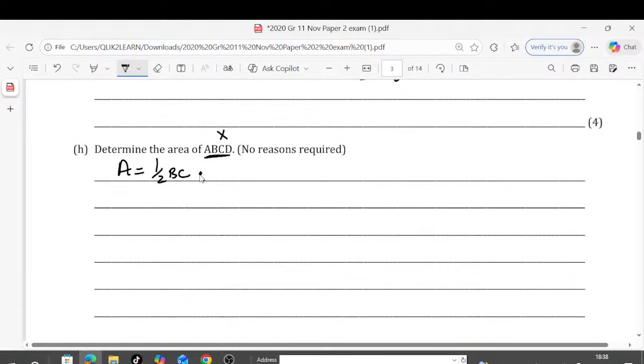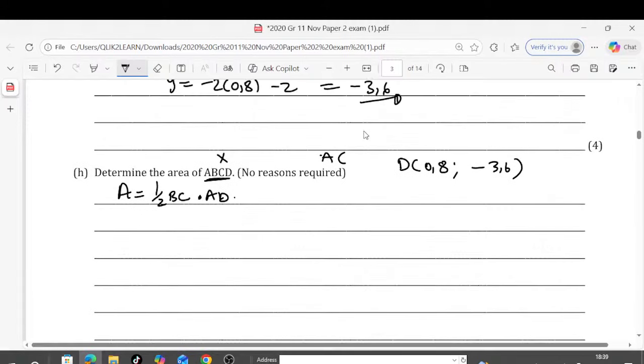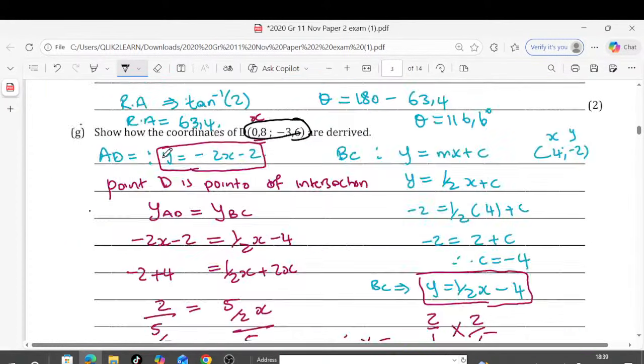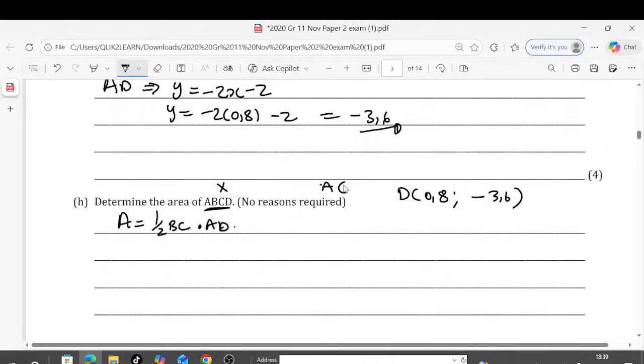BC multiplied by AD. So now I know that the coordinates of D are given as 0.8 and minus 3.6, and then we know that A was given as, let's quickly check what A was, minus 2 and 2.